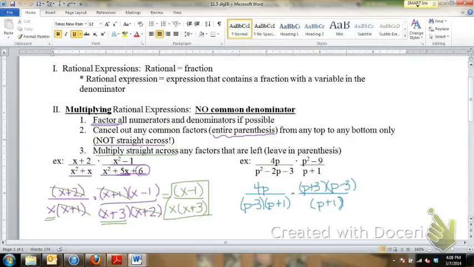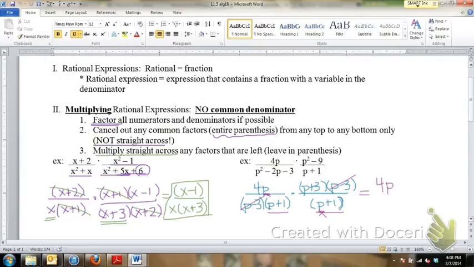Now, I put this in parentheses because it's really important to remember that this p plus 1, this p is connected. I cannot simplify it with that one over there, okay? That is not allowed. So putting entire terms in parentheses helps you not try to break them apart. So I can simplify p minus 3, p minus 3. Now these p plus 1s are next to each other, and I cannot simplify across, just a top and a bottom. That's it, sadly. Nothing else cancels out.